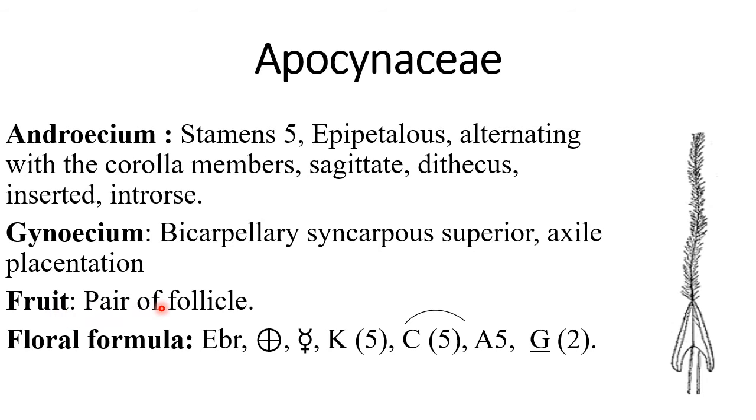Fruit is a pair of follicles, and the floral formula is ebracteate, actinomorphic, bisexual, sepals 5 united, petals 5 united, androecium 5, epipetalous condition, and gynoecium is 2 in number, syncarpous and superior.